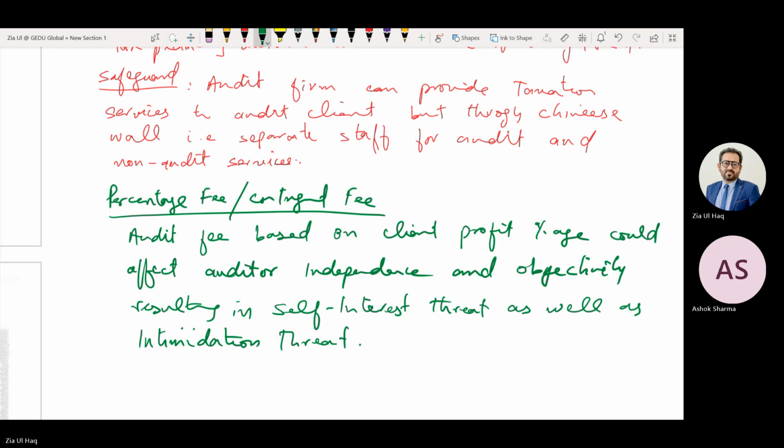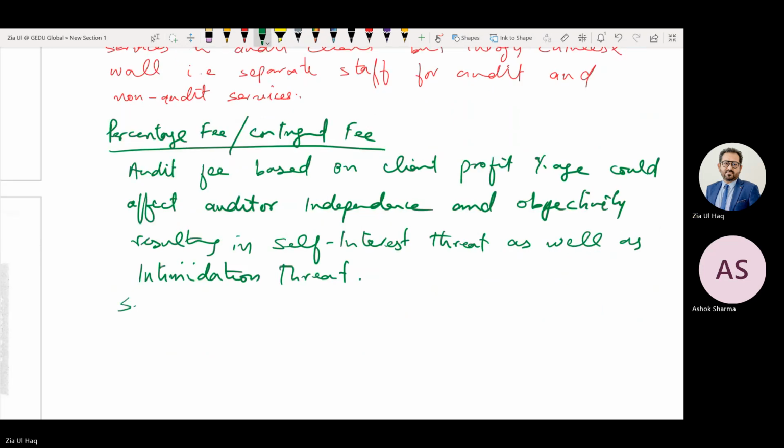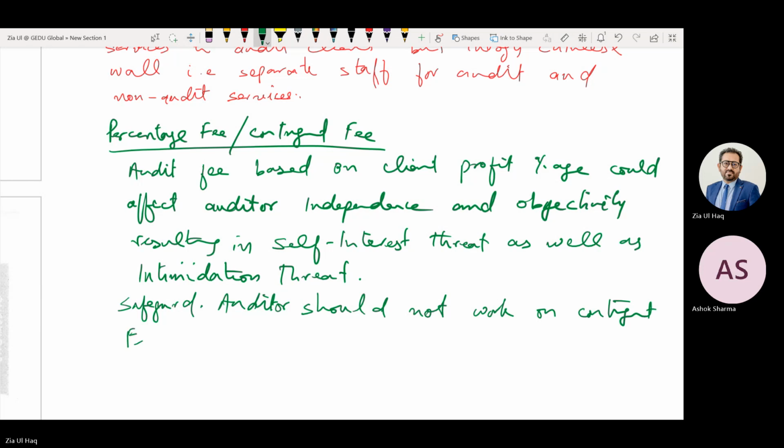What also should we do? Safeguard. The auditor should not work on a contingent fee or fee based on profit percentage.